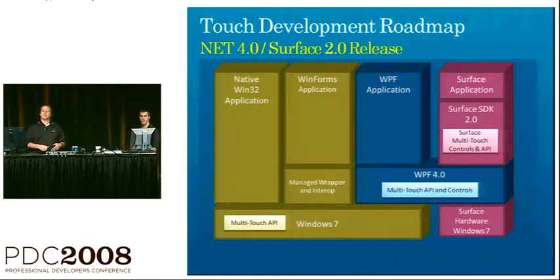What you'll want to do, however, for Surface is take advantage of the extra unique features that we have around 360-degree UI, massive multi-touch, object recognition, things like that. So that's where, moving forward in the Surface SDK team, we're going to be putting a ton of investment into building out new APIs and new controls like scatter view and tag visualizer that bring those unique capabilities of Surface even closer to being easy for you guys to use and incorporate in your applications.